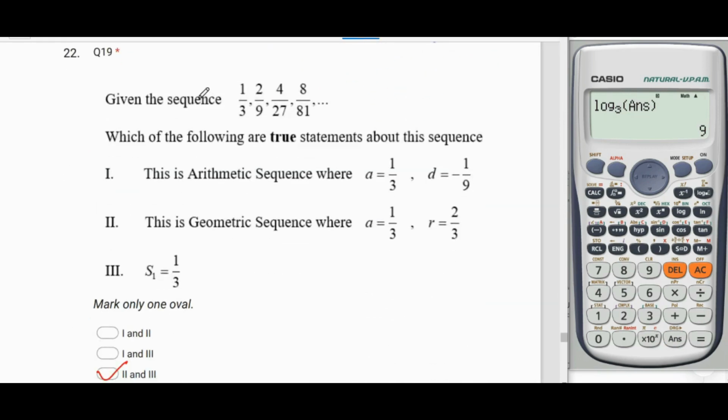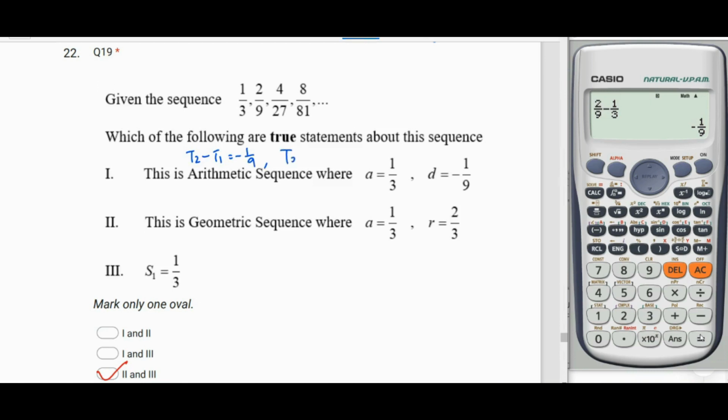So for this sequence, which of the following are true statements? Is it arithmetic? Then we have to see 2 over 9 minus 1 over 3, negative 1 over 9. So this is T2 minus T1 is negative 1 over 9.